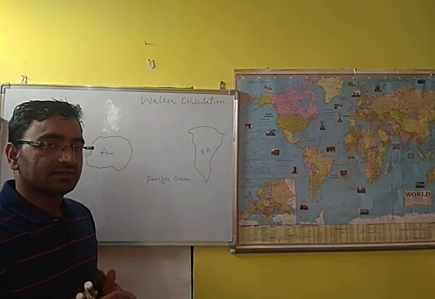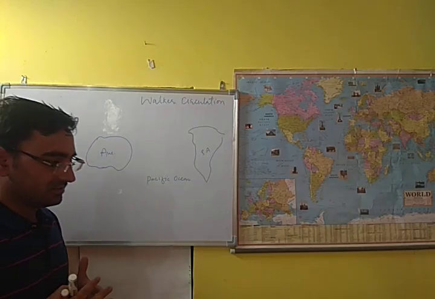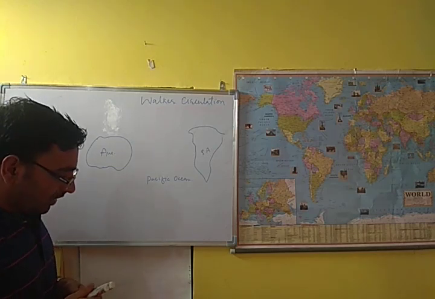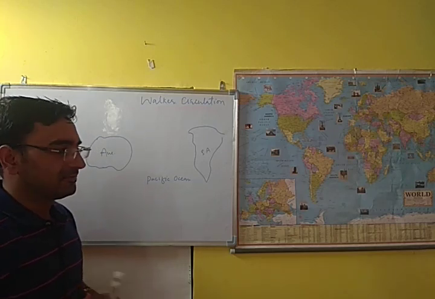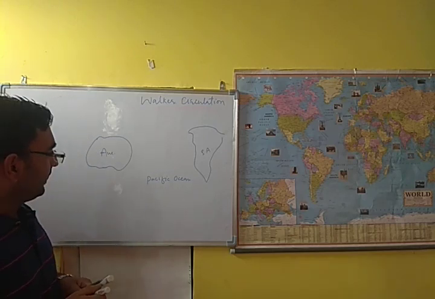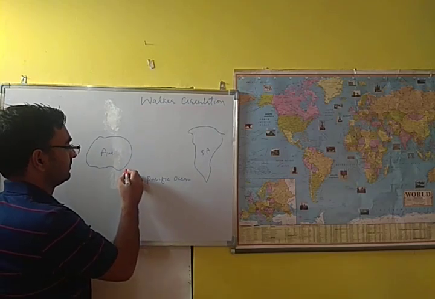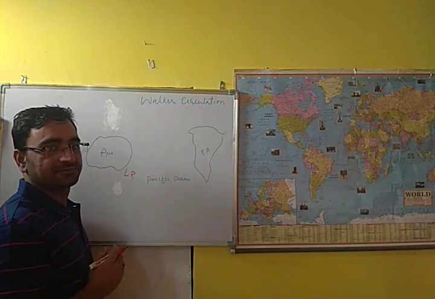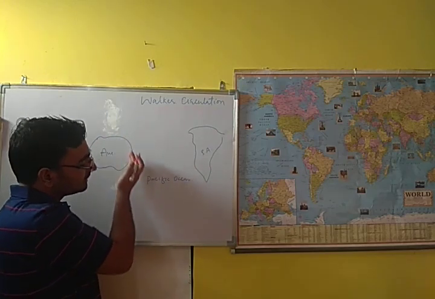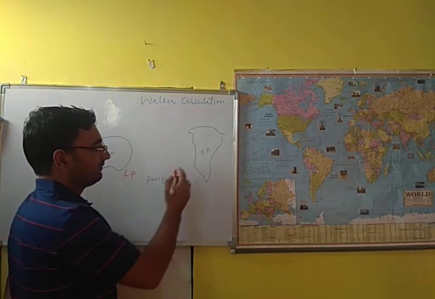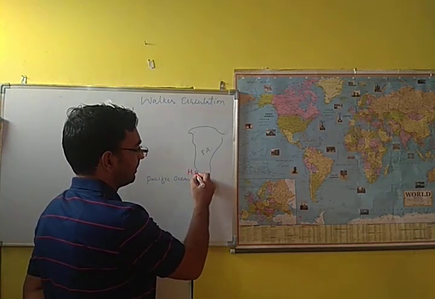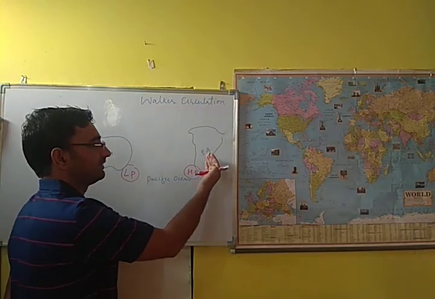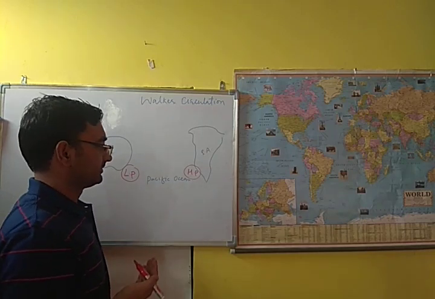So I will be discussing three phenomena which are related to low pressure and high pressure. In normal condition of this Pacific Ocean, we have a low pressure area here on the western side of the Pacific Ocean, or we may call it on the eastern side of Australia, and we have a high pressure area on the eastern side of the Pacific, that is on the western coast of South America.